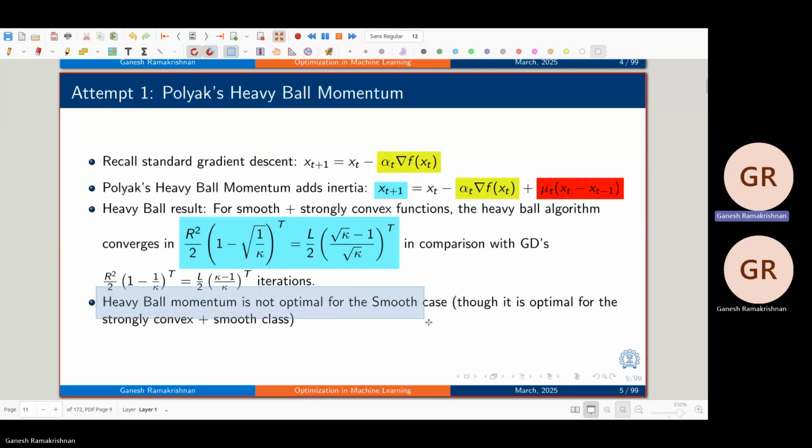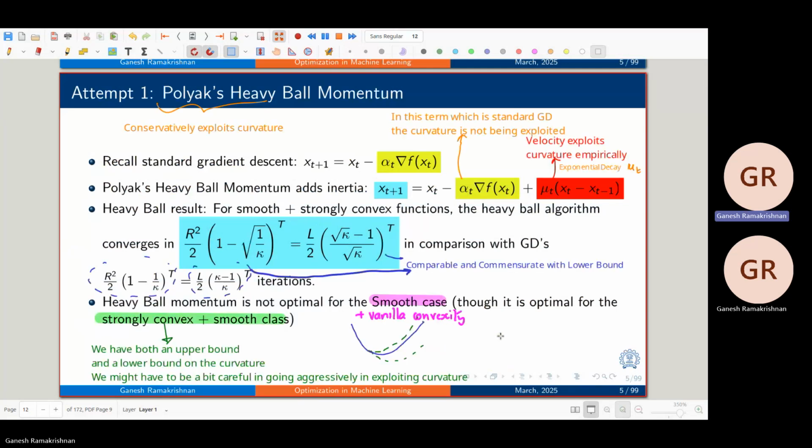But it turns out that if you have only smoothness plus vanilla convexity, which I have written on the board, right? You remember that was one of our pain points. So for smooth plus vanilla convexity, heavy ball momentum is not optimal. Whereas for strongly convex and smooth, it is good. So Polyak is still okay, right?